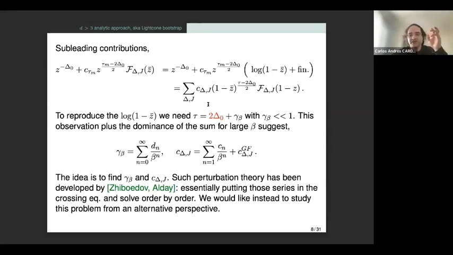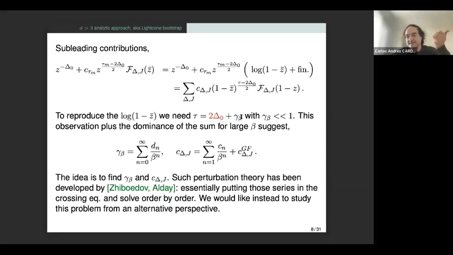Right. So now if we keep doing that exercise, I'm not going to do all the details again. If we keep including contributions, the next contribution in the left-hand side, and we again look at how to solve this constraint, we will realize that tau, the exponent here, should be small. That implies that tau should be some quantity related to the classical dimension of the operator plus some small number.